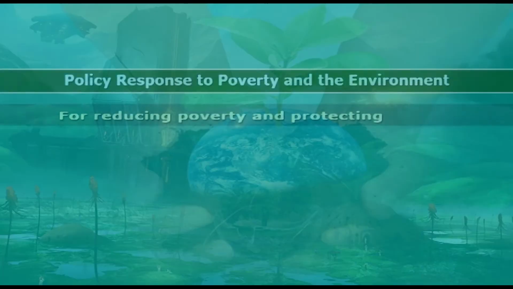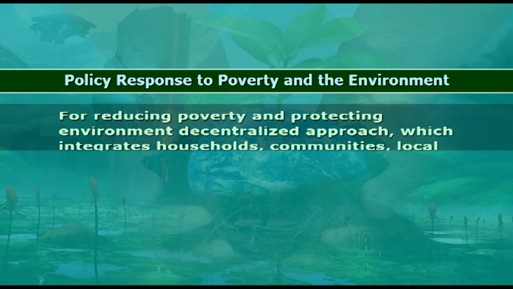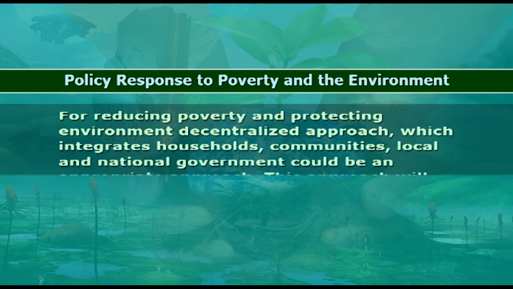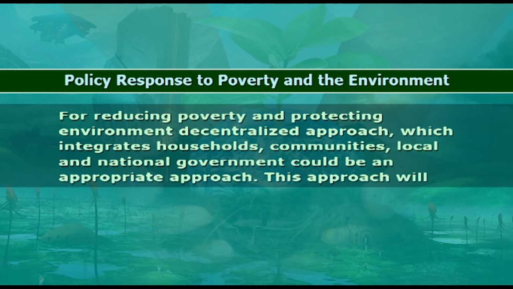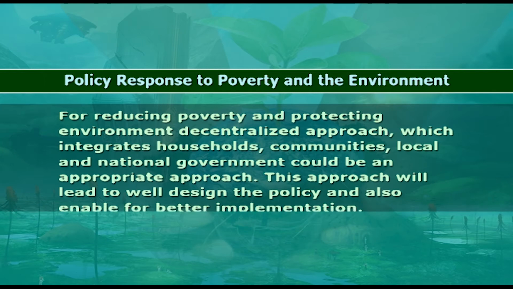For setting priorities for these schemes, political decisions and proper and effective institutions in different time periods should be taken into account. For reducing poverty and protecting the environment, a decentralized approach which integrates households, communities, and local and national government could be an appropriate approach. This approach will lead to well-designed policy and also enable better implementation.